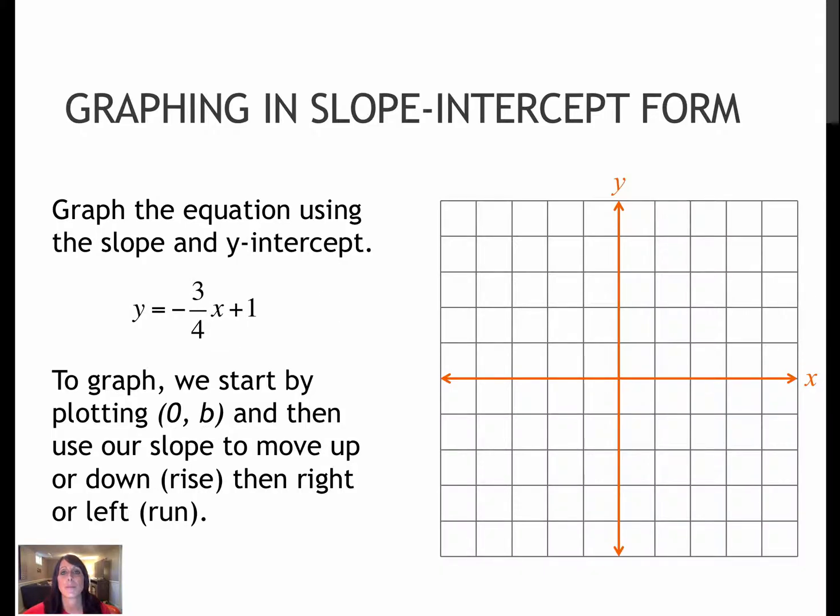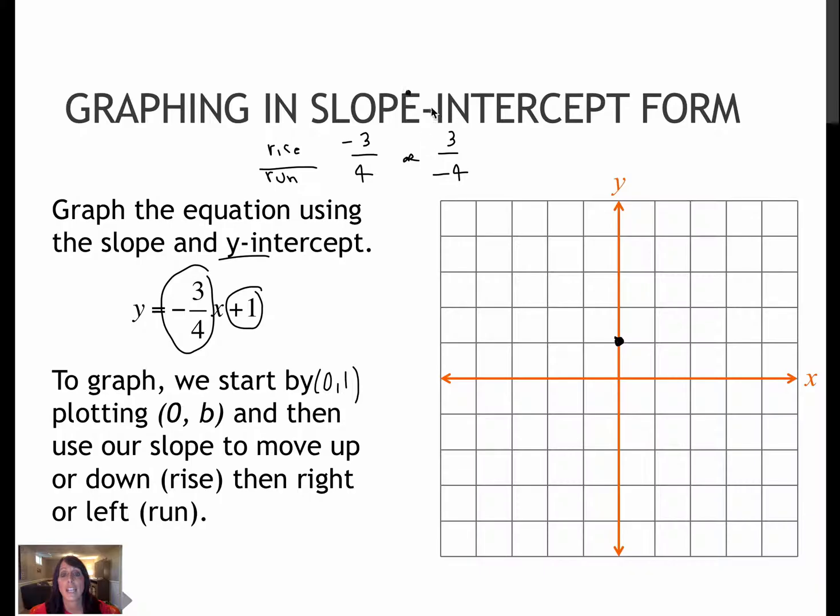For our next example, same idea. We're going to start at 0, b. So that would be 0, comma, 1 is my initial starting point. Remember, my initial starting point is always on the y-axis, so don't start here, start right here. My slope is negative 3/4. So when I write negative 3/4 as rise over run, I can either write negative 3 over positive 4, or I can write 3 over negative 4.